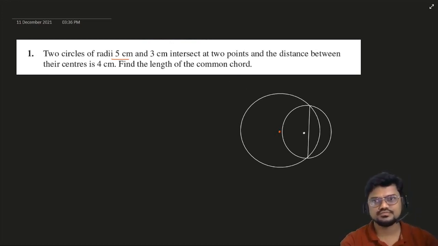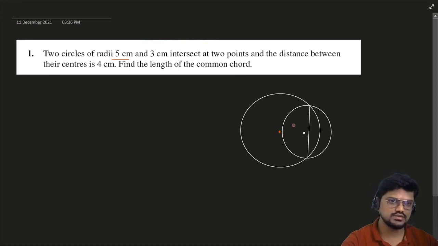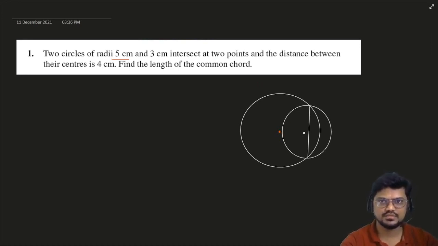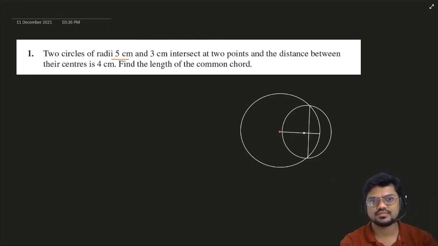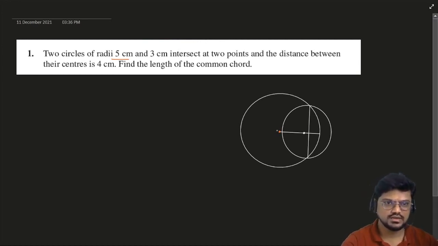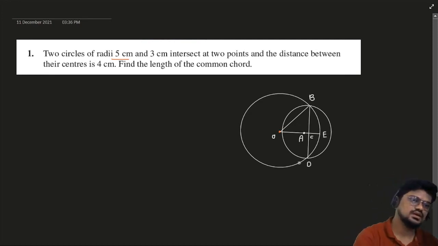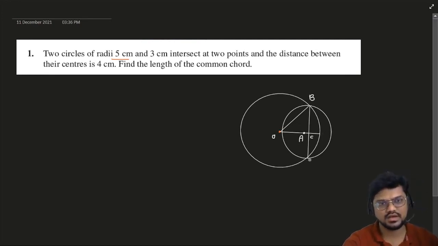Now, if I draw a line over here from this center to touching over here, and I name it, let's say this is O, this is A, B, C, D, and E. You can also name it as O, O dash, because these both are centers.